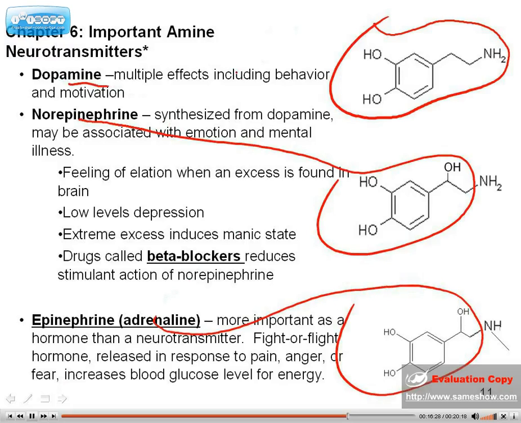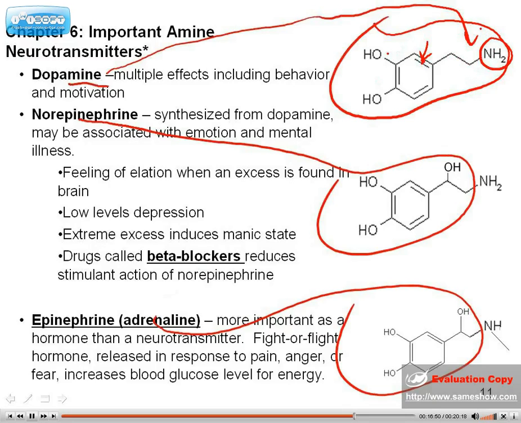For dopamine, notice it has the amine in the name. So this is what dopamine looks like. It has a parent benzene ring, and then you have two alcohols present. And then you have an alkyl arm which comes off and ends in an amine.